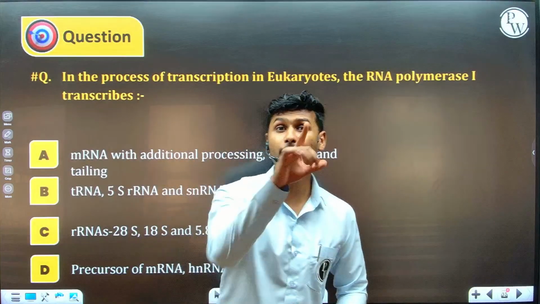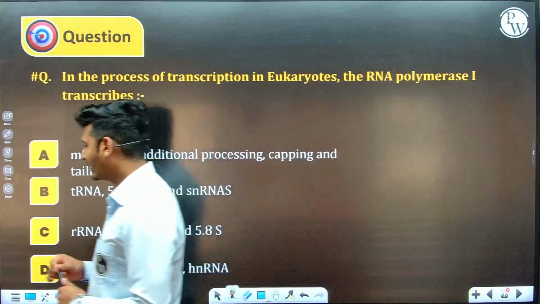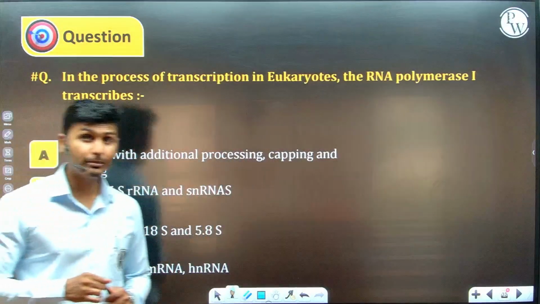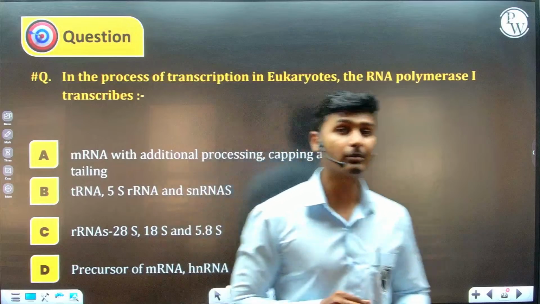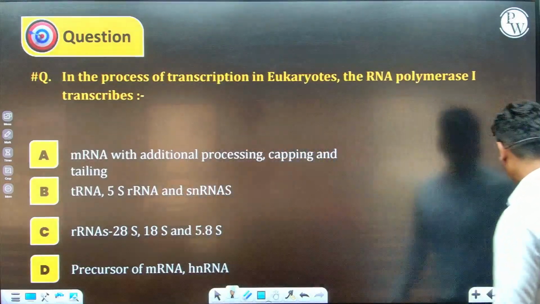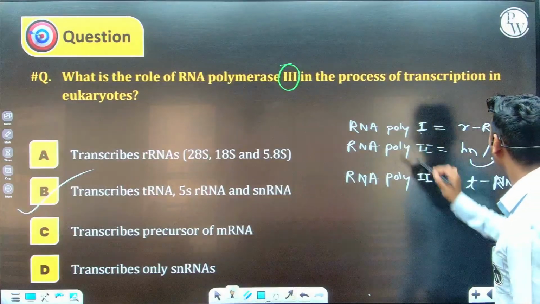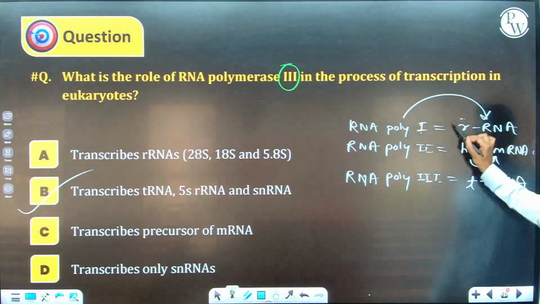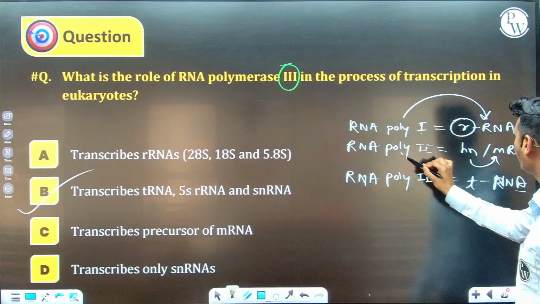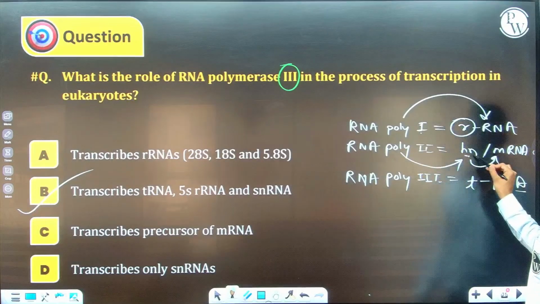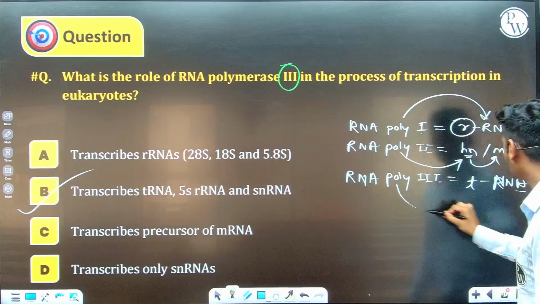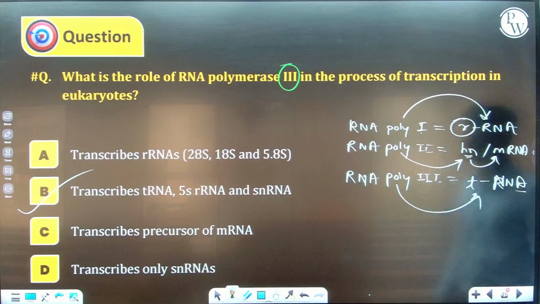RNA polymerase 1 is responsible for formation of rRNA. RNA polymerase 2 is responsible for formation of hnRNA. RNA polymerase 3 is responsible for formation of tRNA.